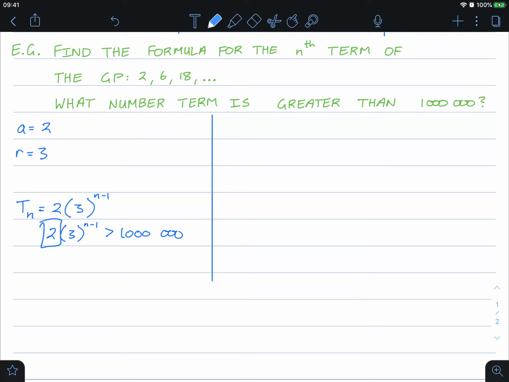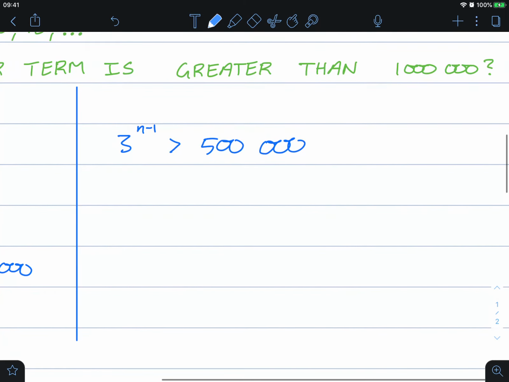We're going to eliminate this constant. 3 to the power of n minus 1 is greater than 500,000 because we divided by the 2. Take the log of both sides. It'll be ln of 3. The power becomes the coefficient, and you take the log of 500,000 as well.